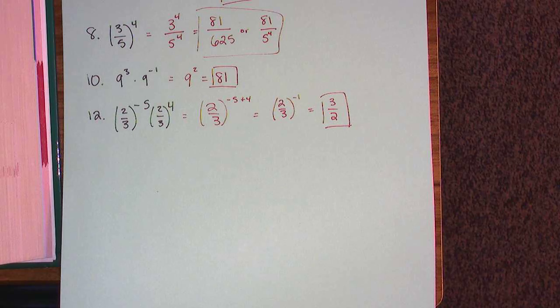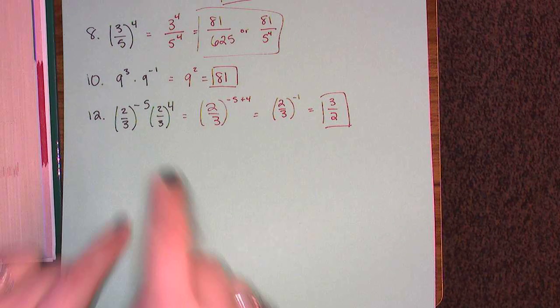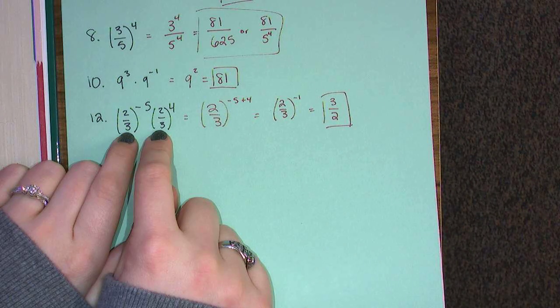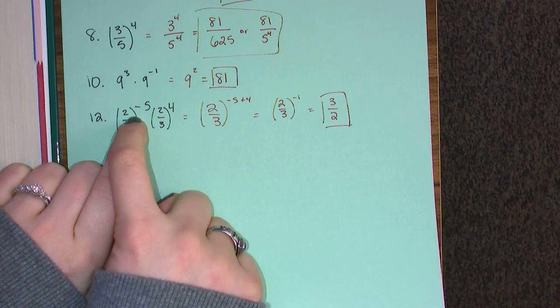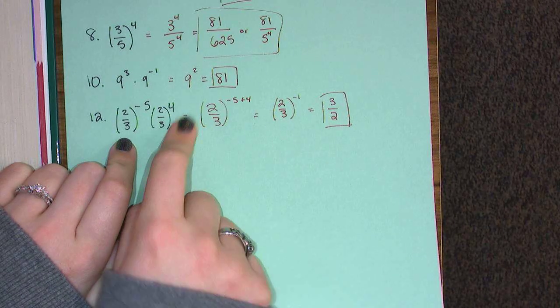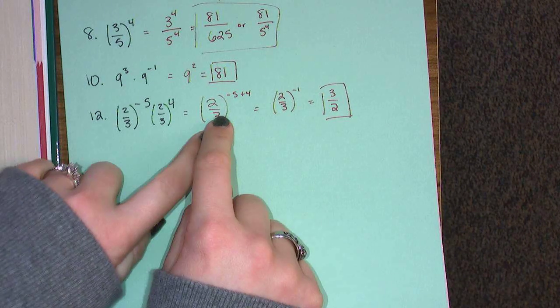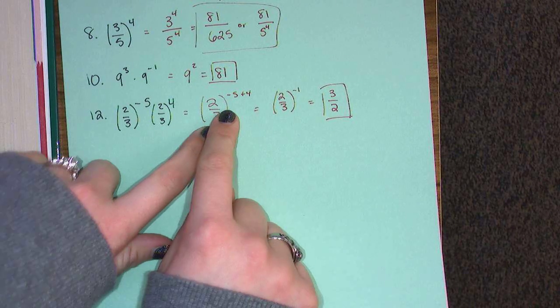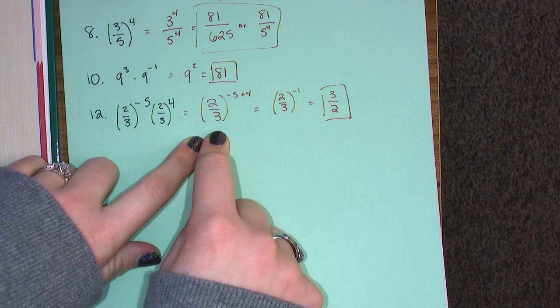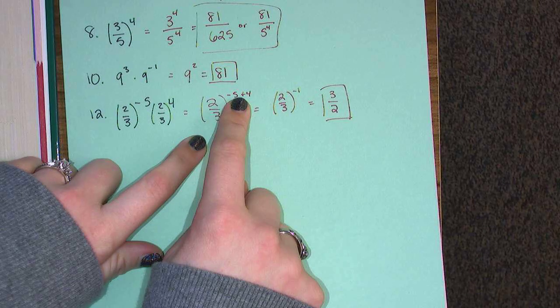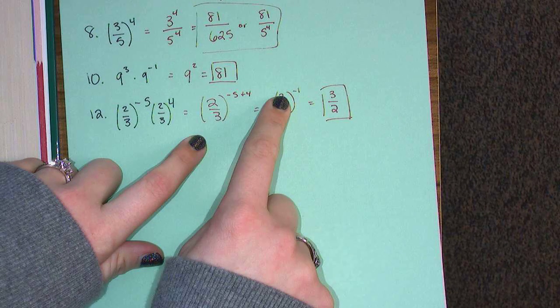Okay. So working in little steps. The first thing is basically these are the exact same thing. So I don't have to put the negative 5 on each thing and then put the 4 on each thing. If this is the same number, even if it's a fraction, I can still combine them, just as if it was a whole number. So I have 2/3 to the negative 5 plus 4, which is 2/3 to the negative 1.